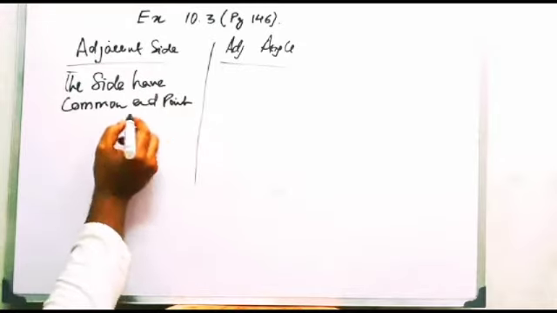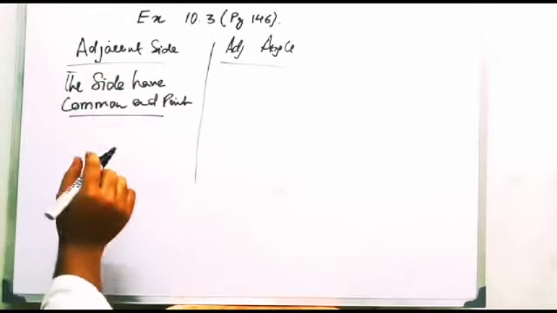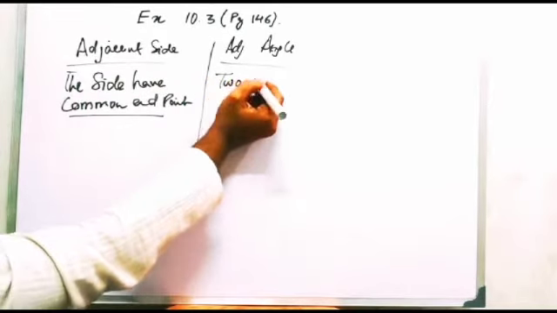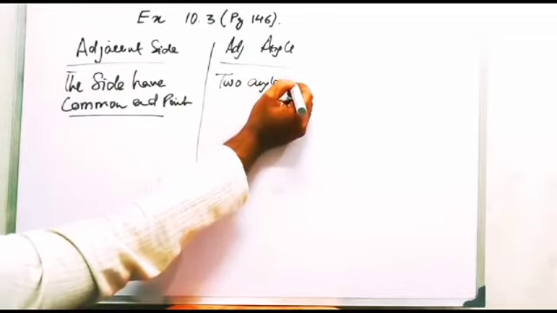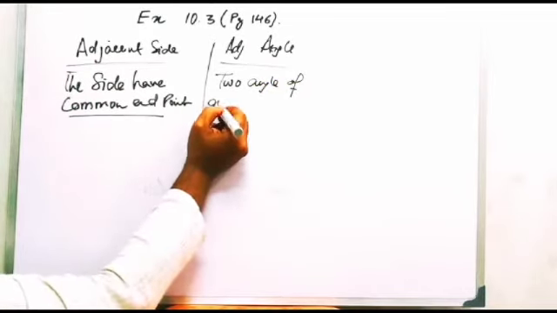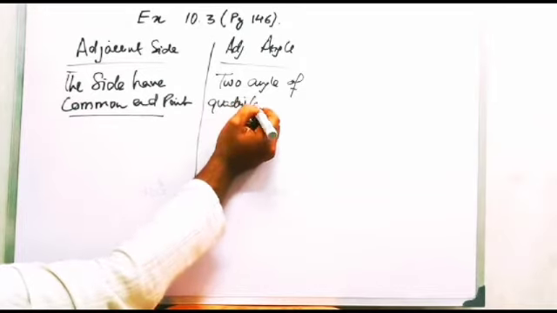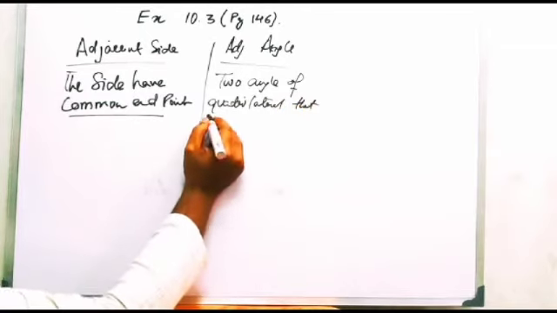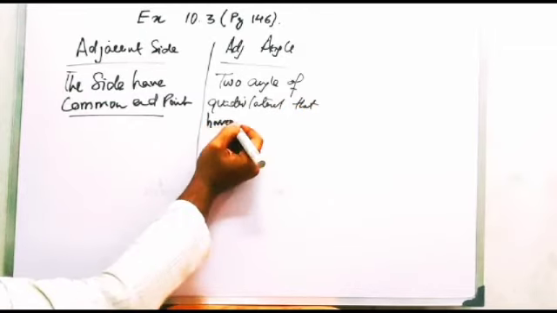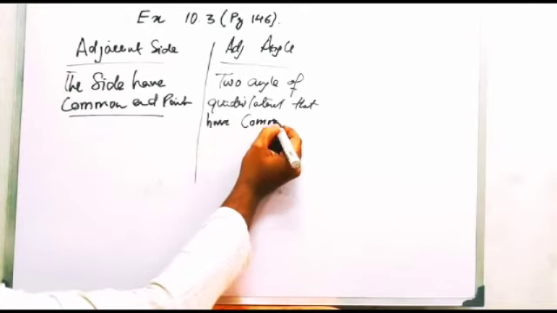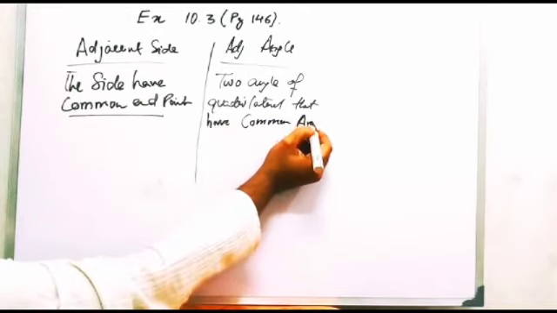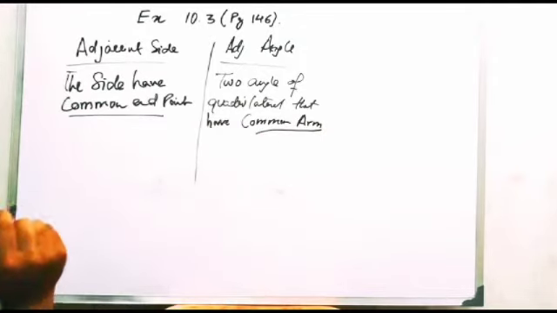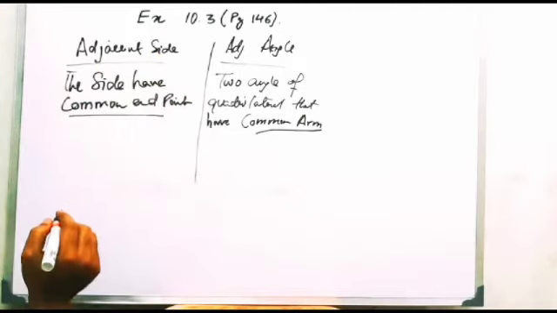Any figure which have common endpoint are adjacent sides. And two angles of a quadrilateral that have a common arm. We have discussed in our previous class what is common arm. So you will understand with the given example what are adjacent side.